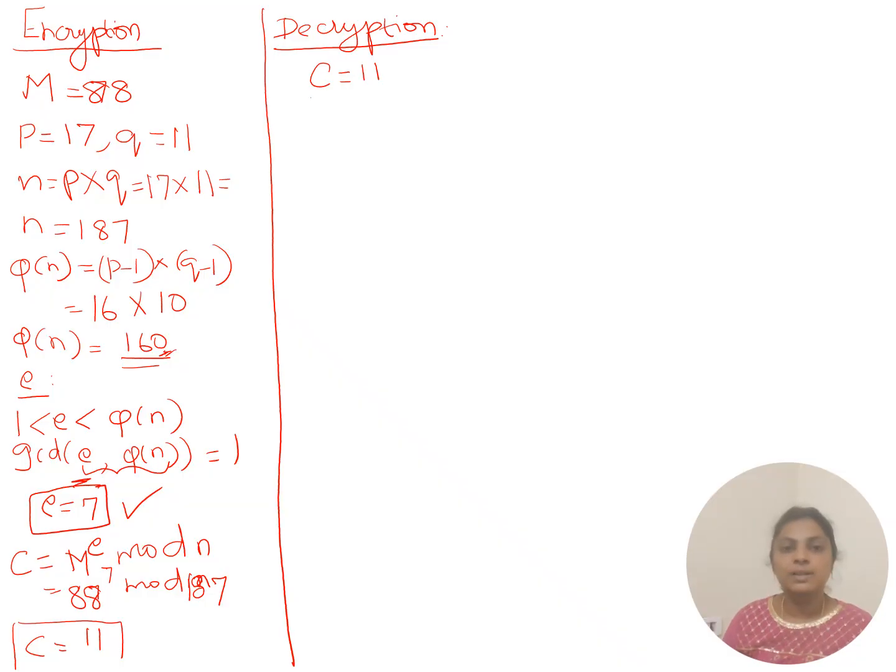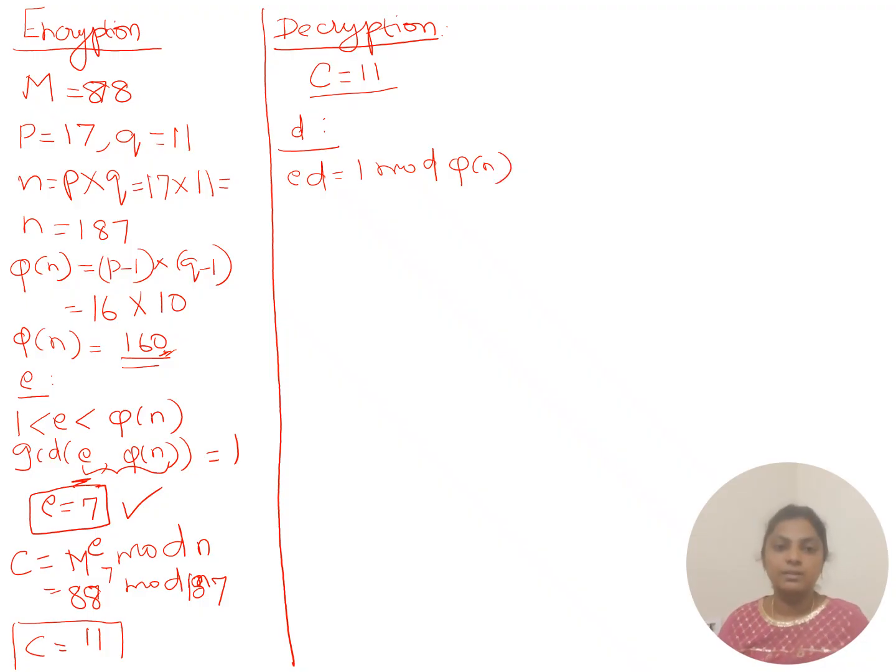So now the receiver has got C equal to 11 with him, and next he needs to perform the calculation. The formula is C to the power D mod N. So now we have to find out the D value. In order to find the D value, we are using Euler's formula, E into D equal to 1 mod phi of N. So we need to find the D value.